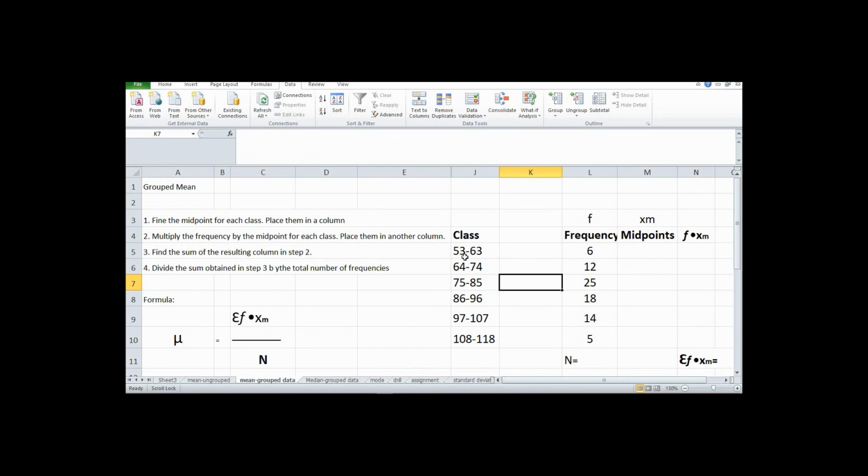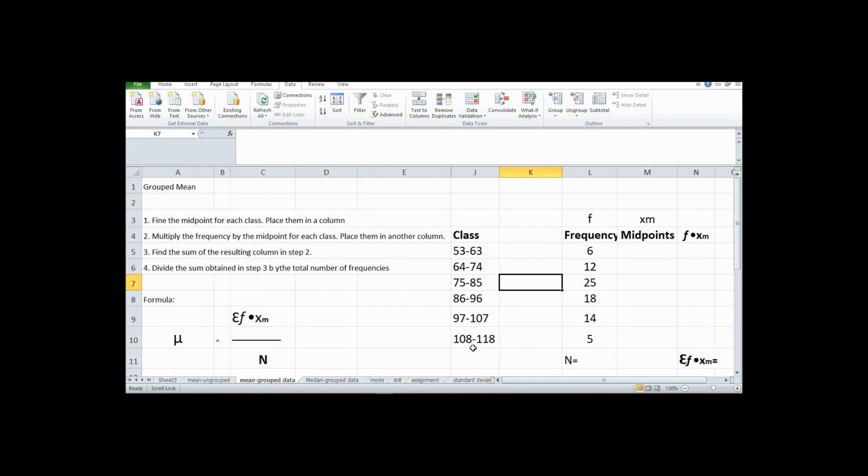So, in the first group, 53 to 63, we have a frequency of 6. 64 to 74, we have a frequency of 12. 75 to 85, we have a frequency of 25. And 86 to 96, we have a frequency of 18. And 97 to 107, we have a frequency of 14.